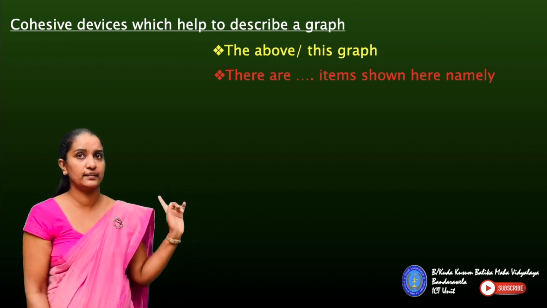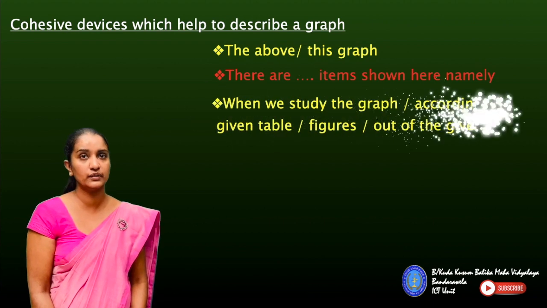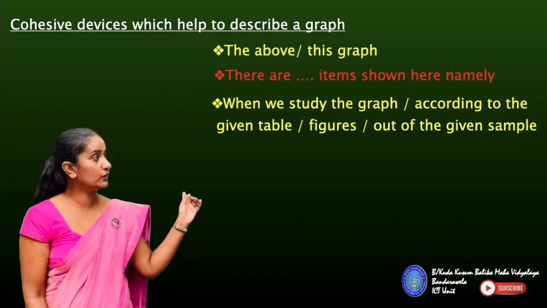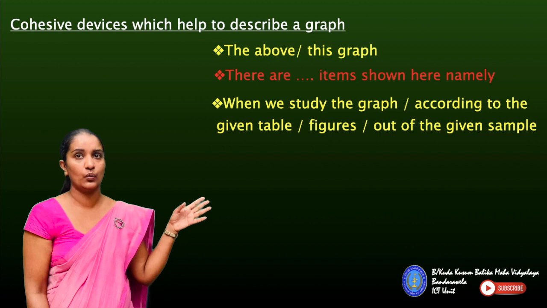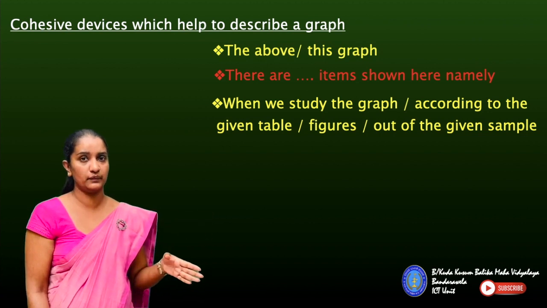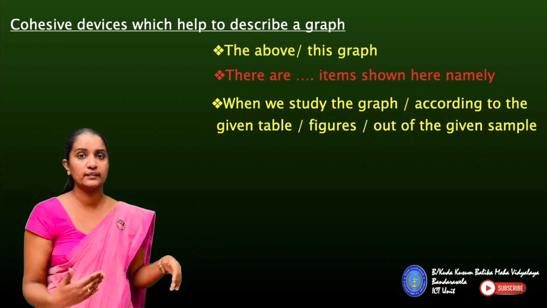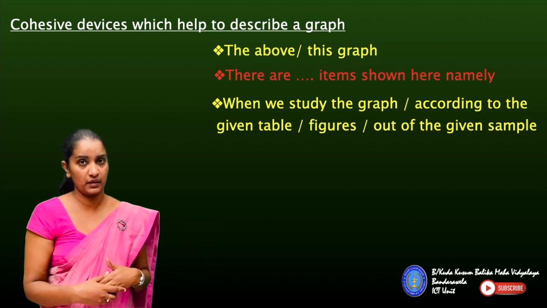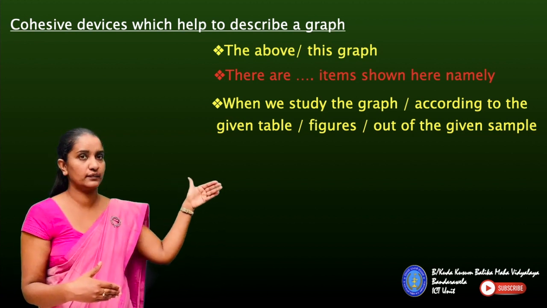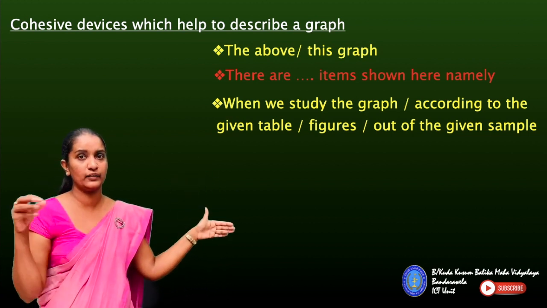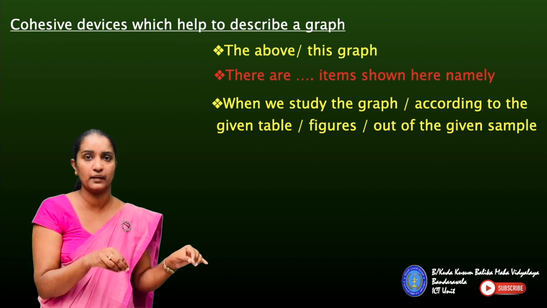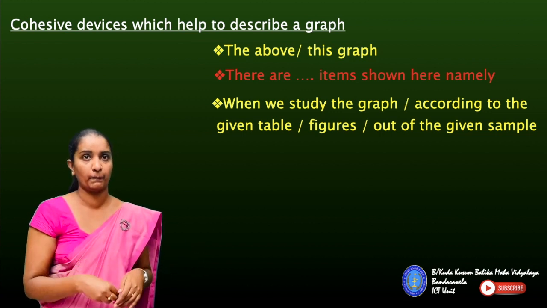When we study the graph, or according to the table given, or according to the figures, or out of the given sample. So if you practice like this, you can easily score marks for your grammar as well, because you can practice this at home and you have to add a very little part at the exam.